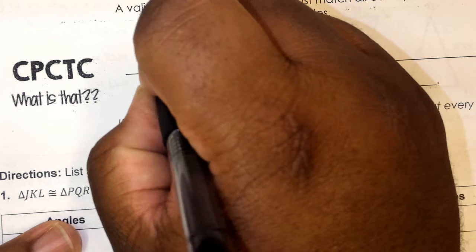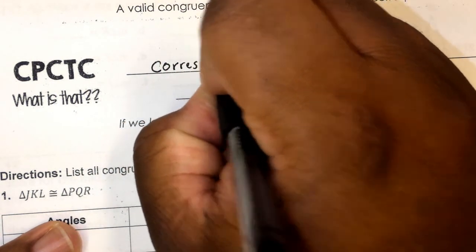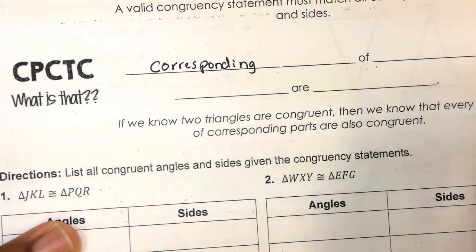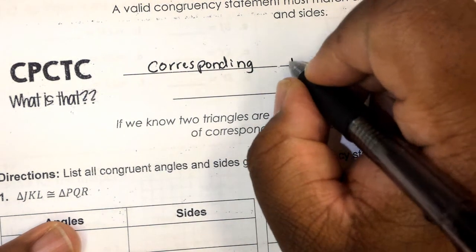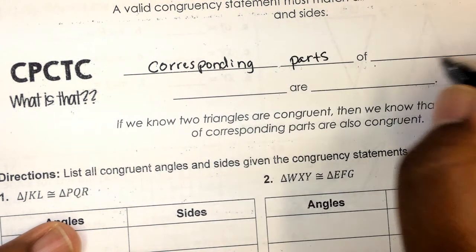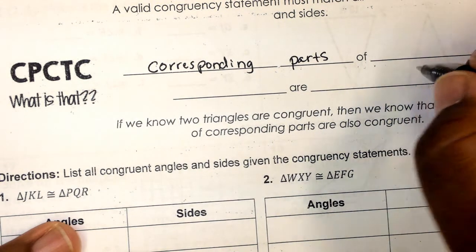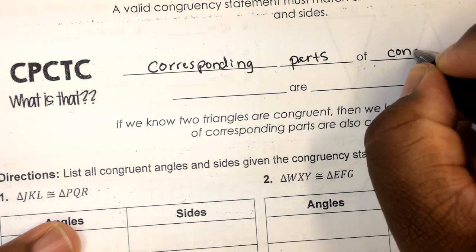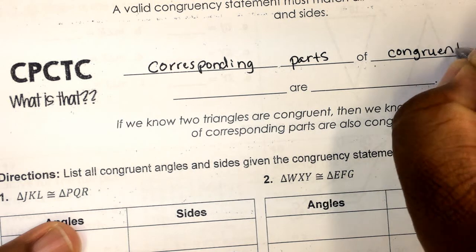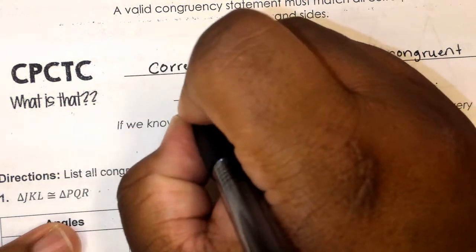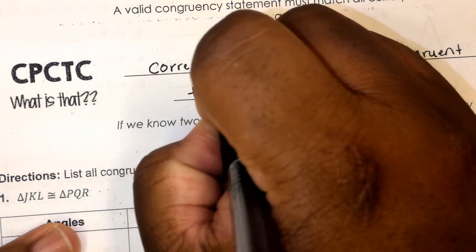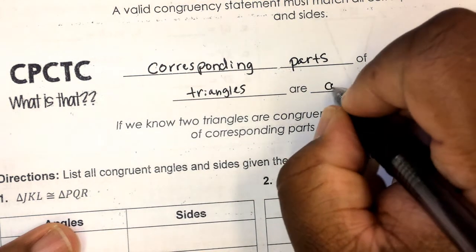All that means is a long way to say: corresponding parts of congruent triangles are congruent.